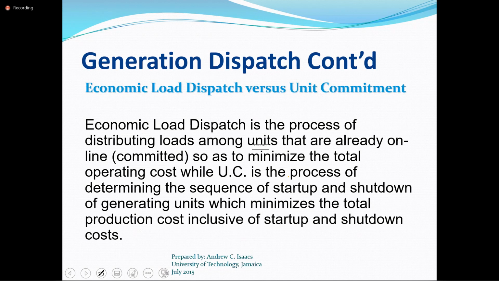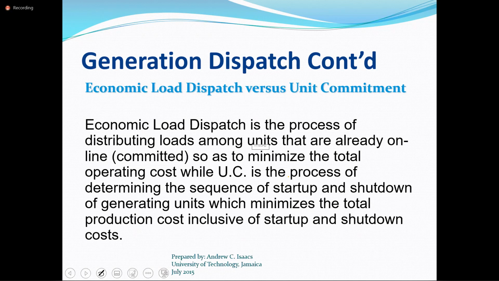What we're saying is that you have a total system demand. So you have a total system load. What you're trying to do is to distribute that load among the units that are already online. So it's not that the generators at Hunts Bay will be picking up the loads of Spanish Town Road.